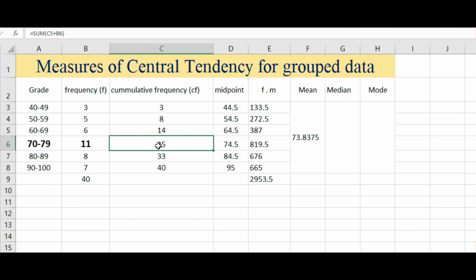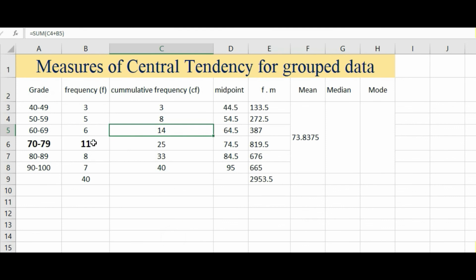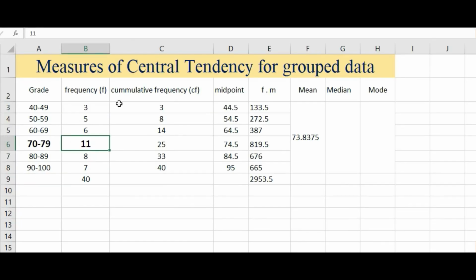Then the precedent number is 14. So our cumulative frequency precedent is 14. Then for the frequency, 11. And then for your height, 10. So our height is 10.